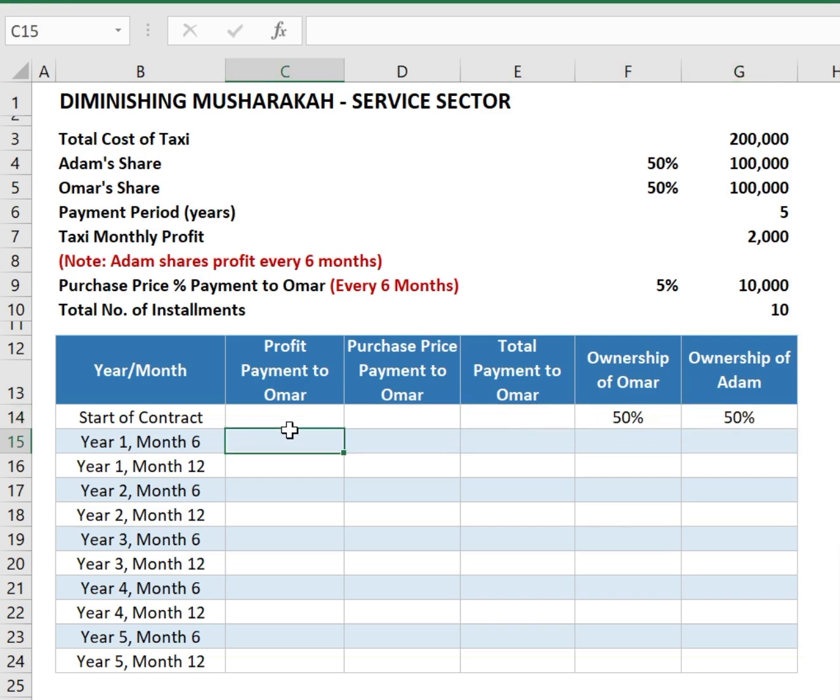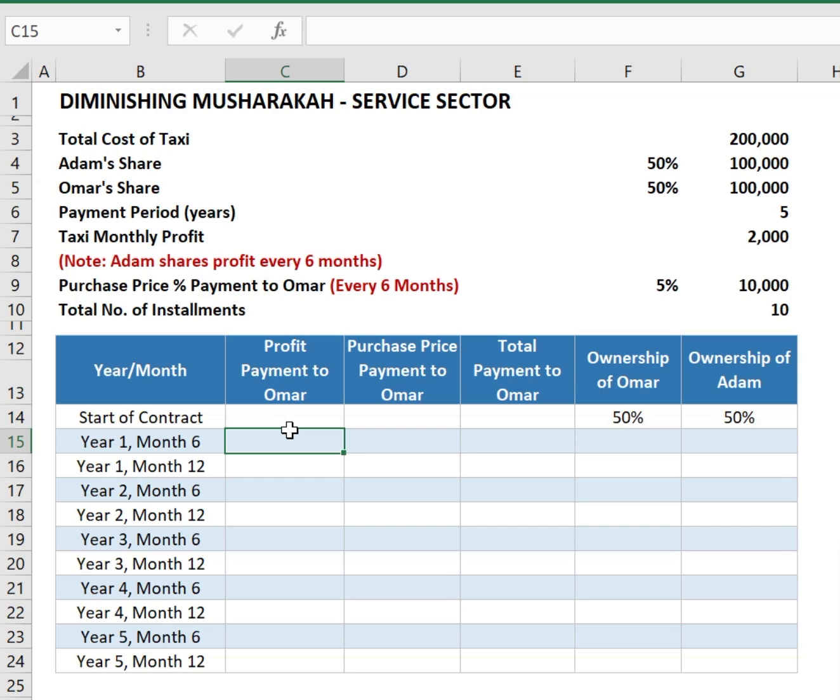In year 1, month 6, we are going to determine the profit payment to Omar. Of course, this varies considering that the ownership interest of Omar decreases by 5% every 6 months.